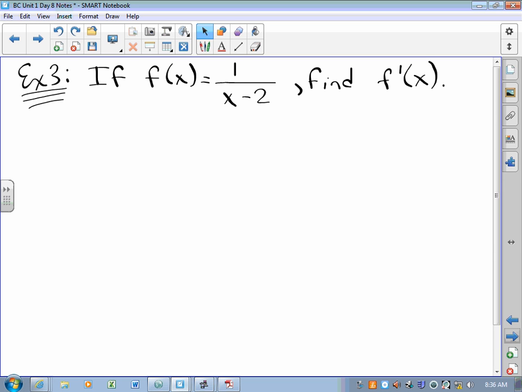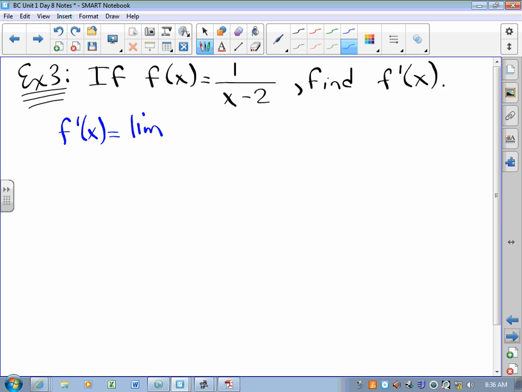It's the slope of a tangent line at any point. And so I can do that, but I'm going to do it in exactly the same way. I'm going to find out what happens as h gets small to the slope of a secant line.